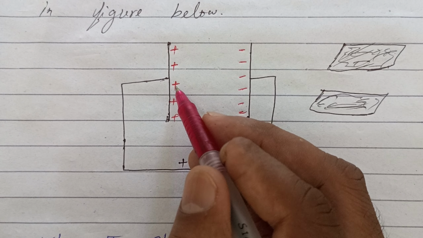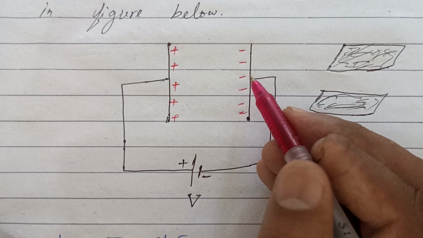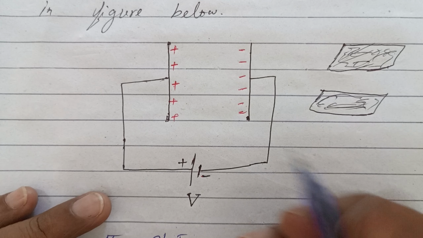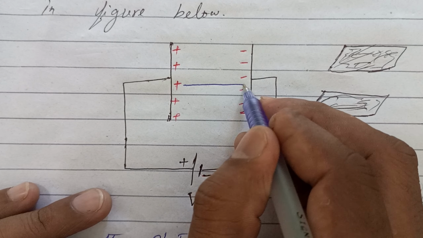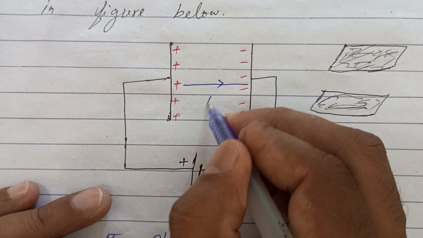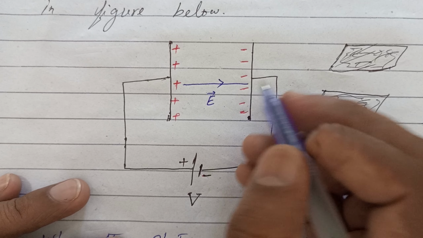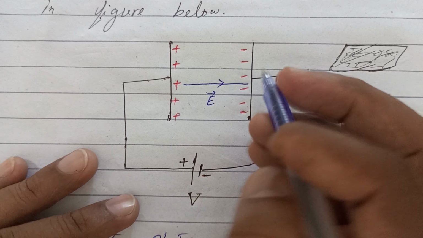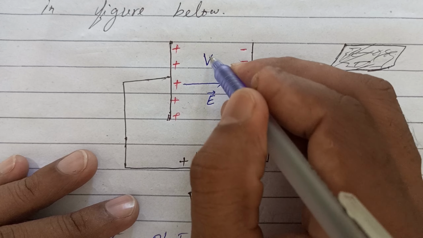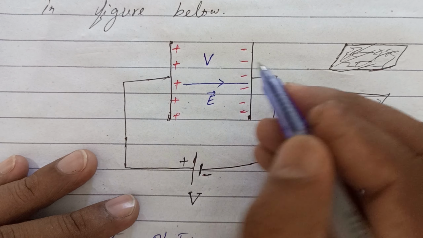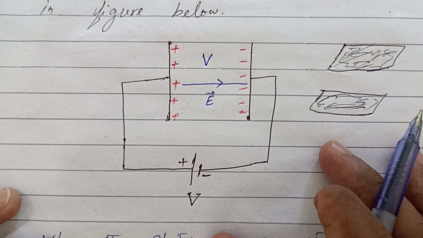Due to this positive and negative charge on plates, there exists an electric field between plates, and the direction of electric field is from the positive to the negative terminal of the battery. And there also exists a potential difference between plates due to positive and negative charge on plates.